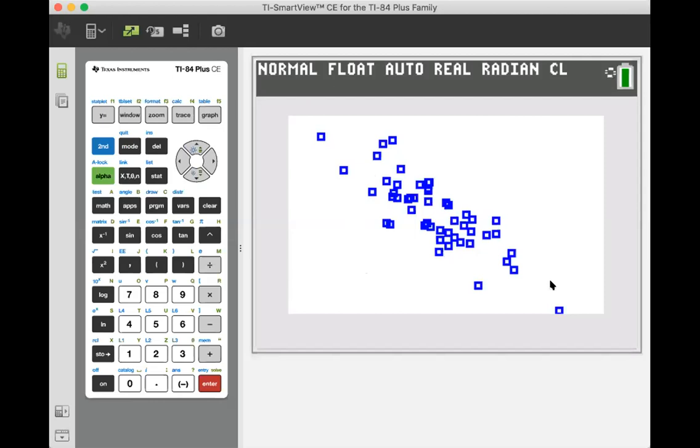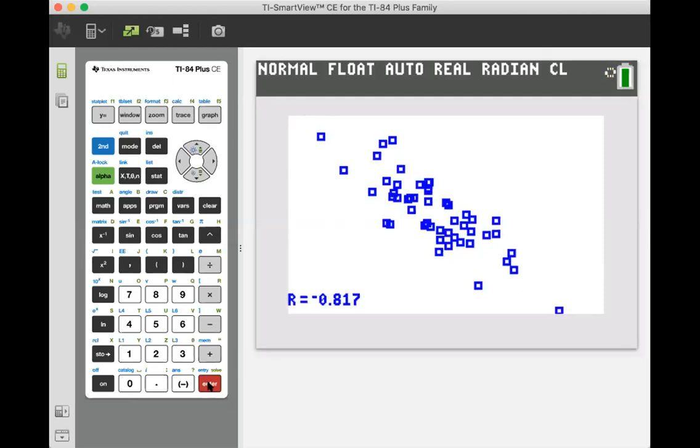And this is negative correlation. As X gets bigger, Y gets smaller. Up here we have small X's and large Y's. Over here we have large X's and small Y's. So they are in kind of an inverse relationship. As one changes in one direction, the other changes in the opposite direction.